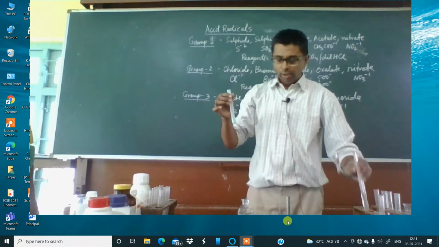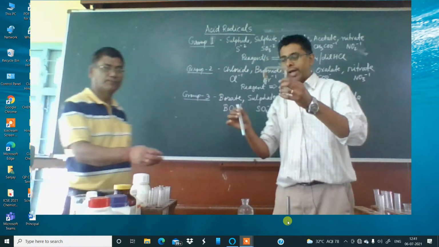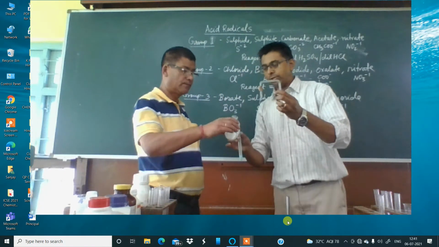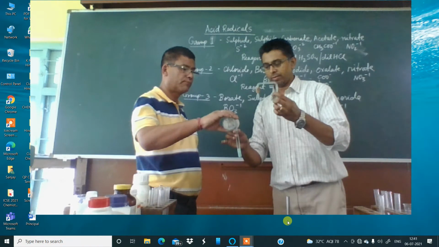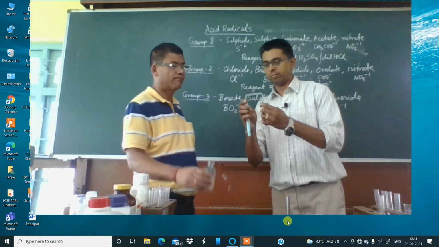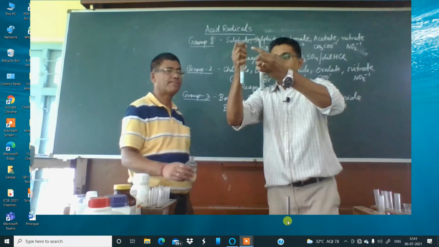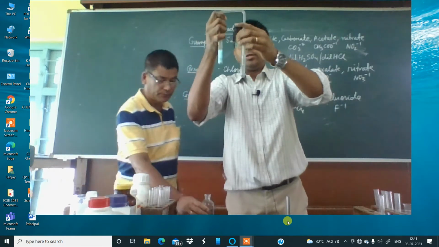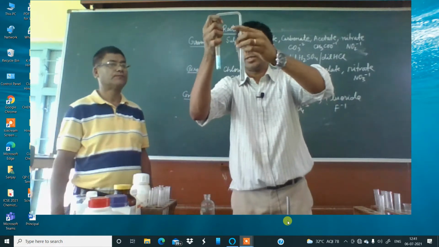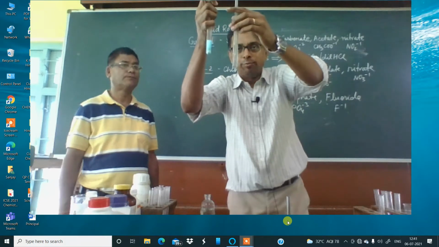Now add dilute sulfuric acid to this sample. So now I am passing the gas which is coming out from this copper carbonate into the lime water.